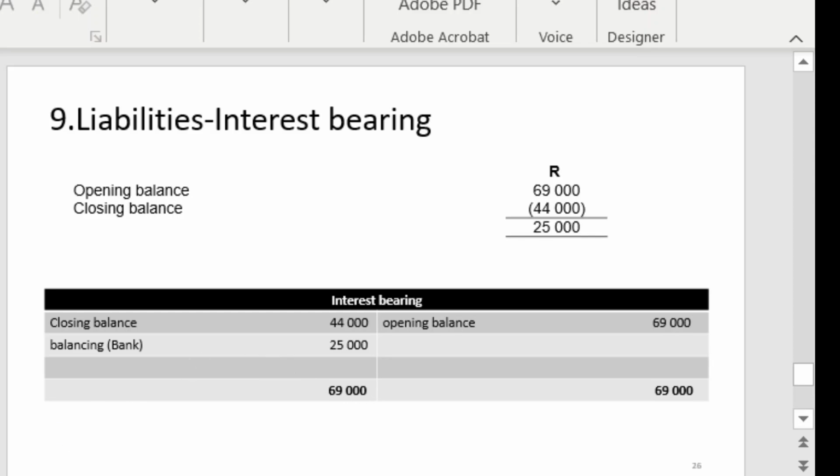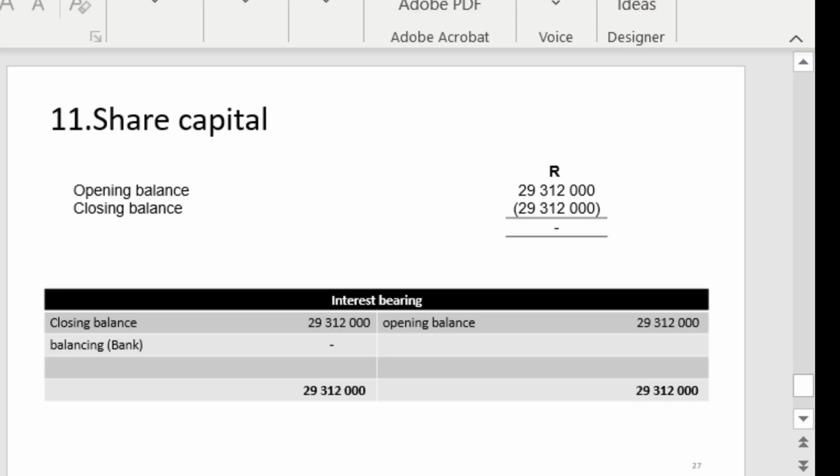Then let us look at the share capital. You will realize that in the solution there's no share capital, but it is very important that one goes and looks at the share capital. It is provided here in the statement of changes in equity.